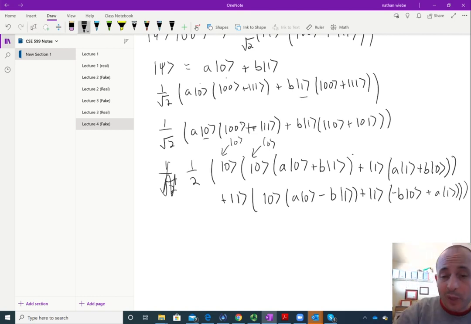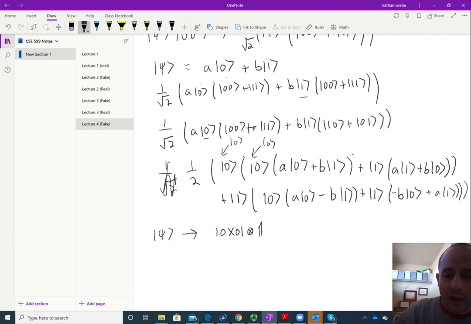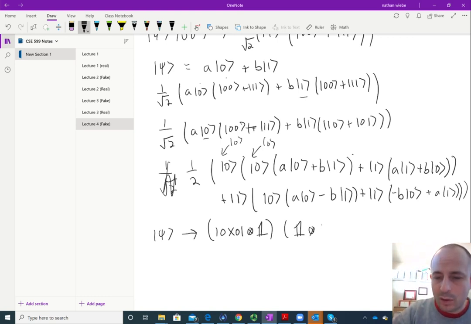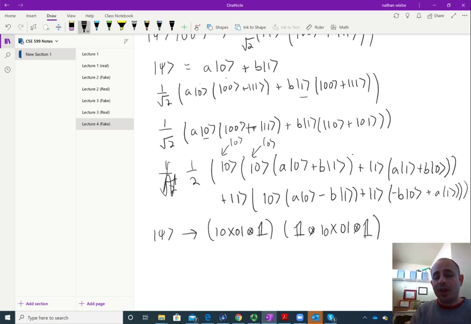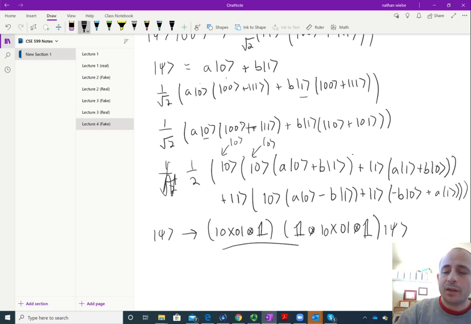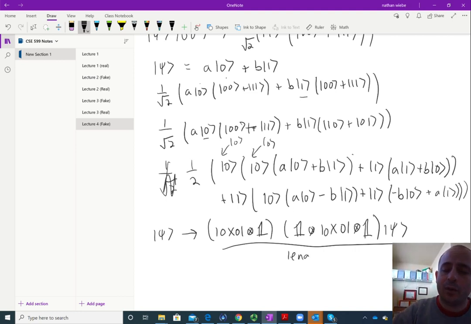When you do partial measurement like this, your state psi ends up getting mapped to the following, tensor I over here, divided by length.